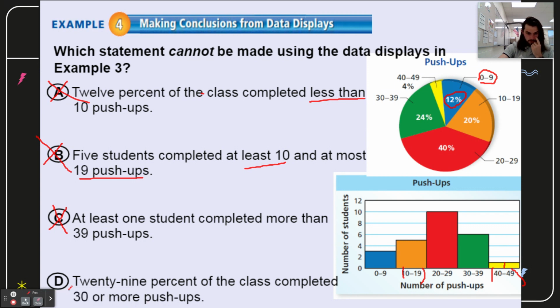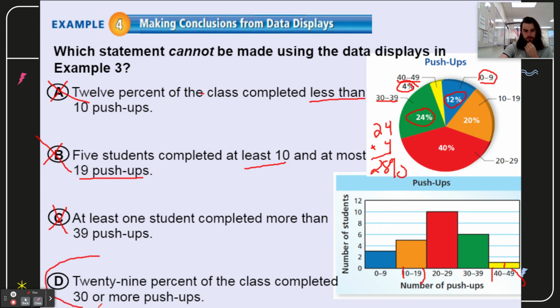And now we have D. 29% of the class completed 30 or more push-ups. So the circle graph shows me that 30 to 39 is 24%, and then I have to keep going to 40 to 49, which is 4%, and 24 plus 4% gives me 28%, which is not 29.